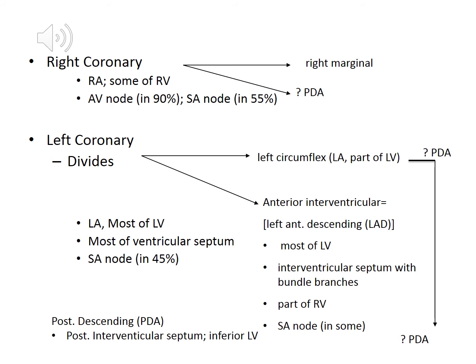Note that the left circumflex artery may form the posterior descending artery instead of the right coronary artery forming that posterior descending artery.